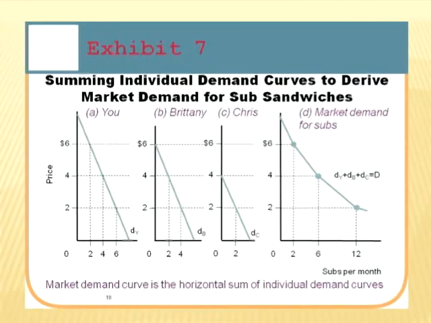So here we have your demand curve, which we've just seen, plus Brittany's demand curve, plus Chris's demand curve. We add them all together, and the result is the market demand curve, which is just the combination of these three put together. Since the price is $4, this entire area, this, once again, triangle, is a measure of the consumer surplus, the additional satisfaction that the three of us get as a result of a single price.